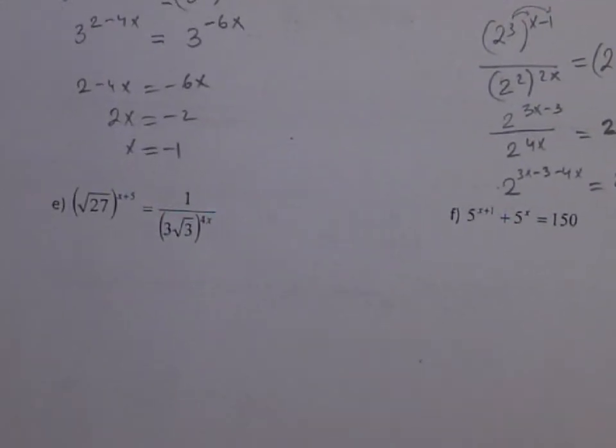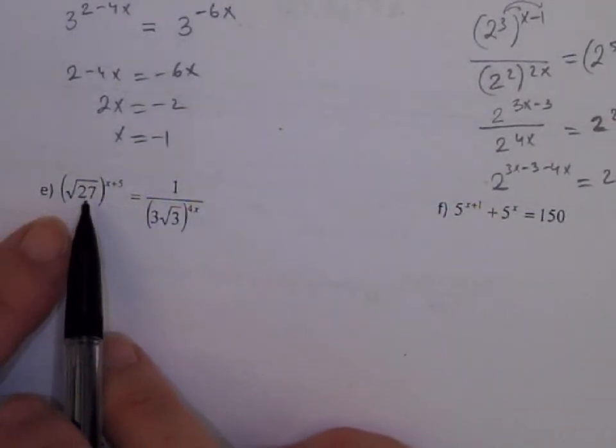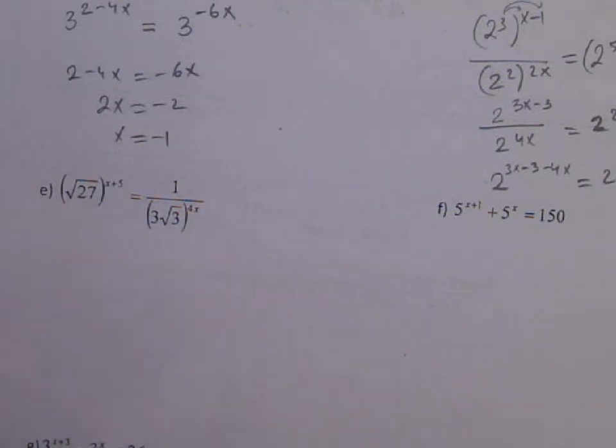Okay, next example, E. So we see base being square root of 27, and the other base is 3 root 3. So it looks like those are multiples of 3. We can write them with base 3.